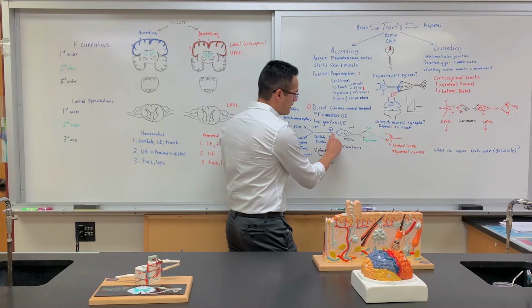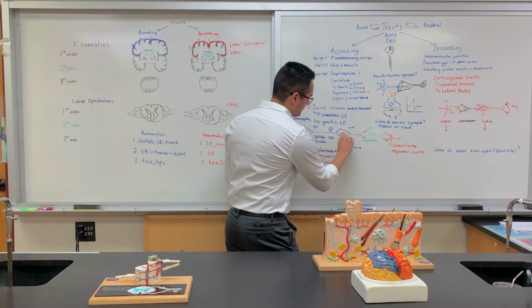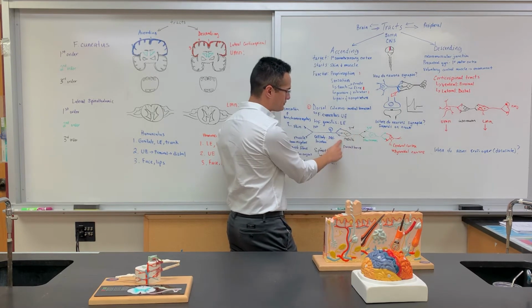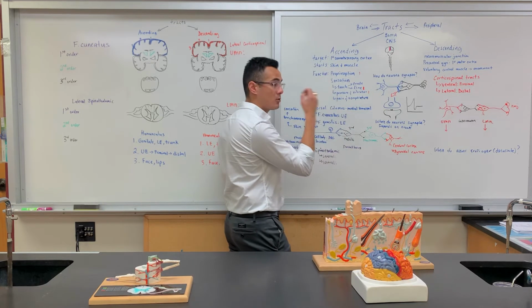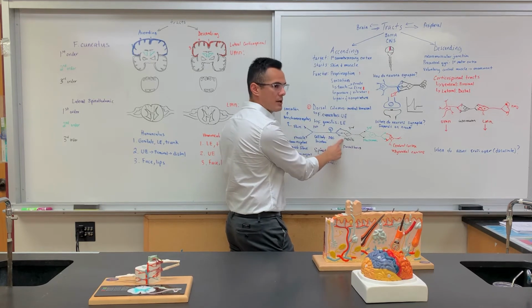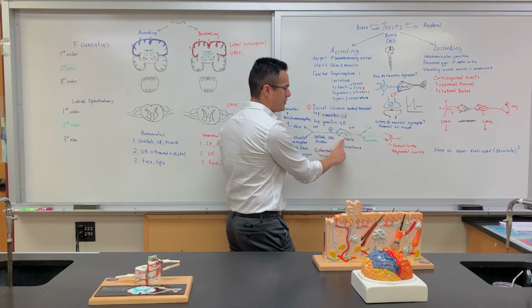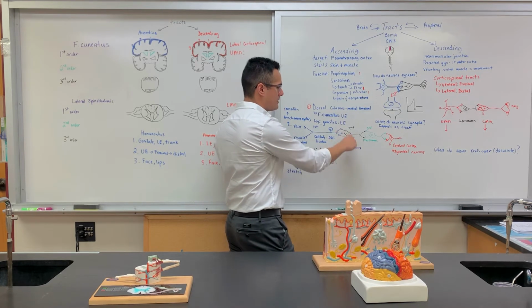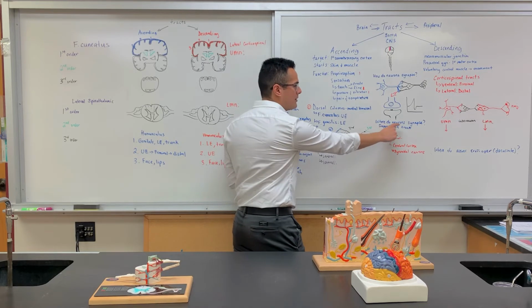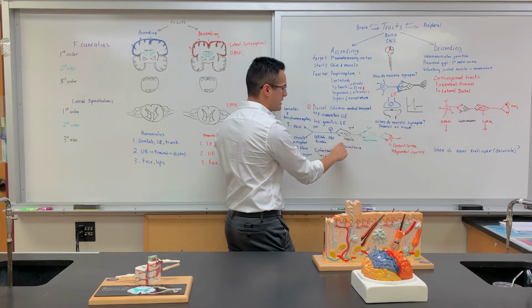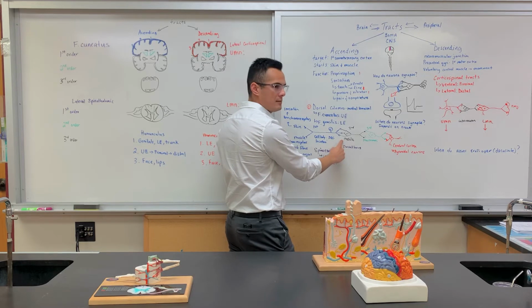From there, the axon continues and travels up the spinal cord until it gets to the medulla. The medulla is a region within the brainstem. So from the medulla there's a synapse here, because that's the question we're answering: where do neurons synapse?